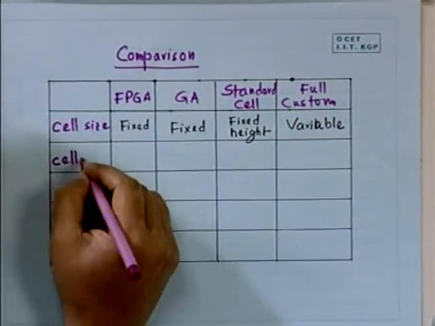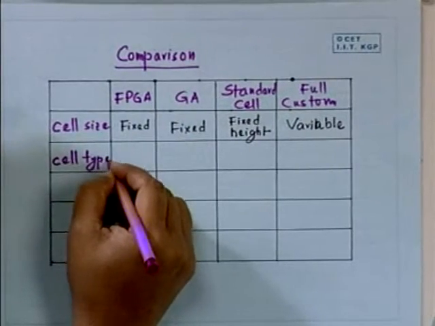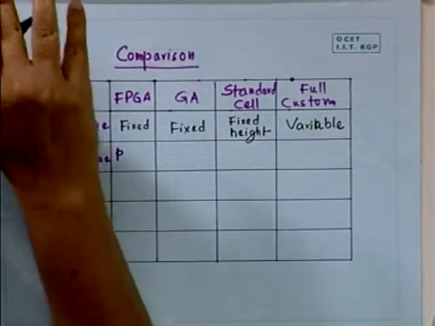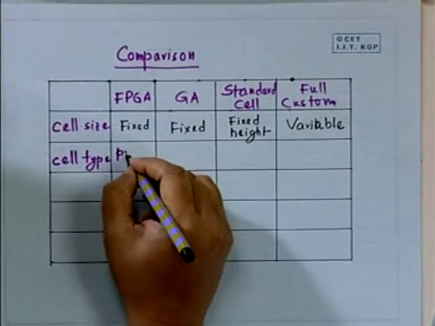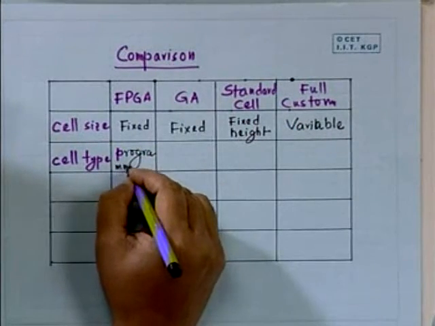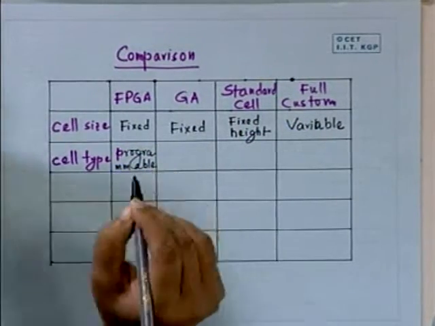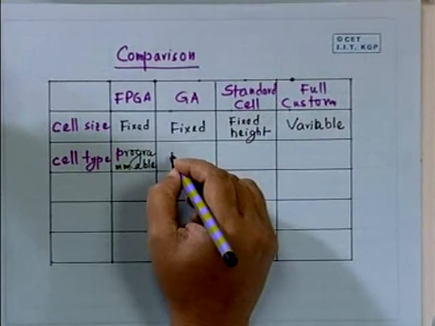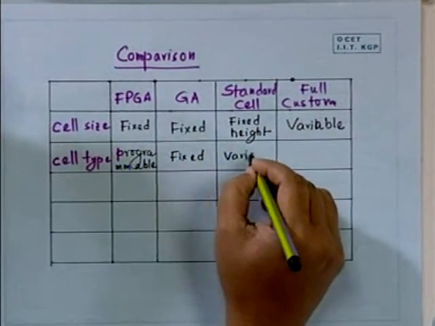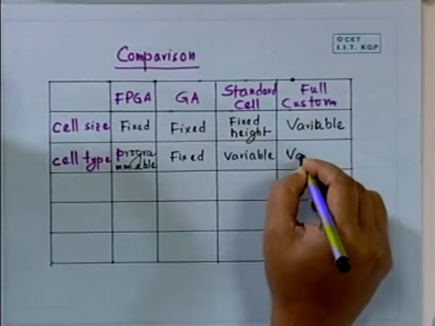Then cell type. This is programmable, this is fixed, this is variable, this is also variable.